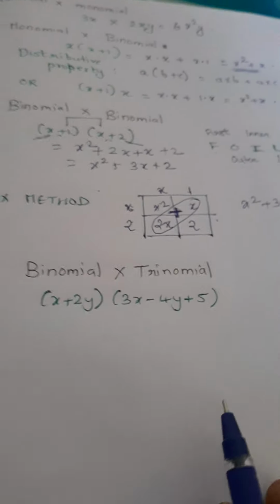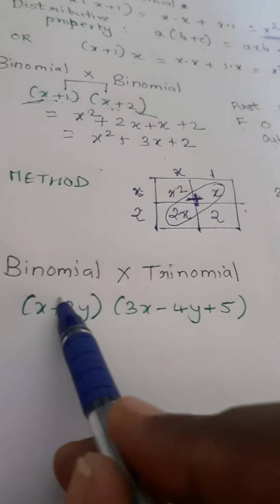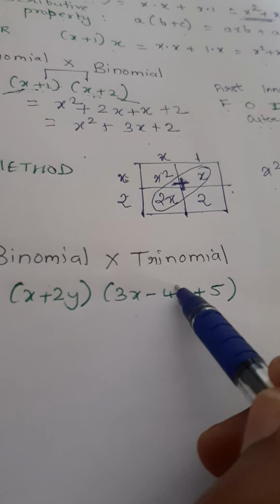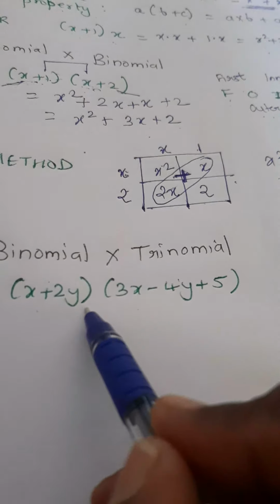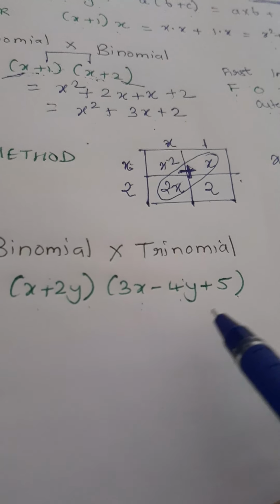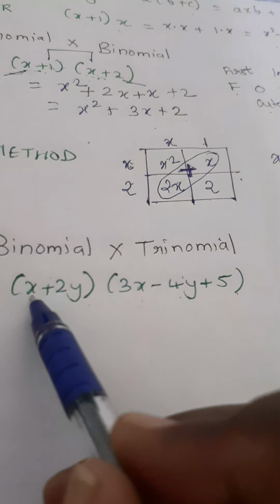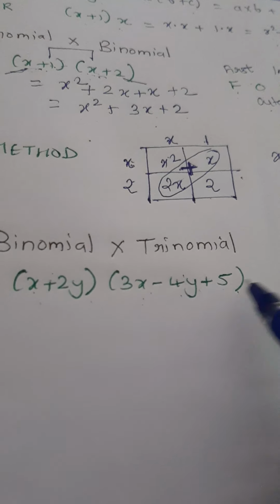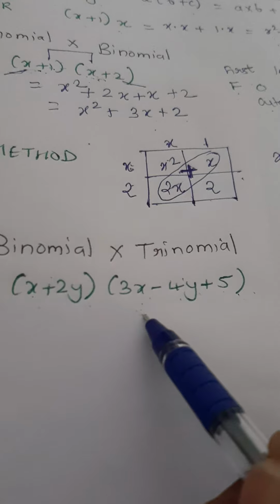Okay, so now what about multiplying a binomial with a trinomial? So we have x plus 2y into 3x minus 4y plus 5. So you can use the distributive property, that is multiply each term with each term of the second polynomial.